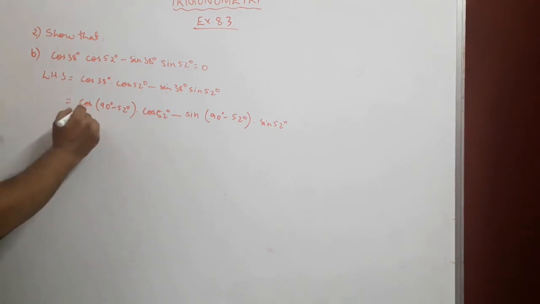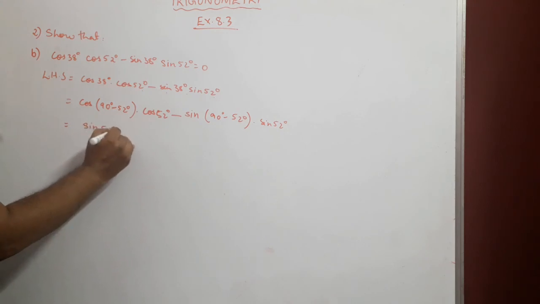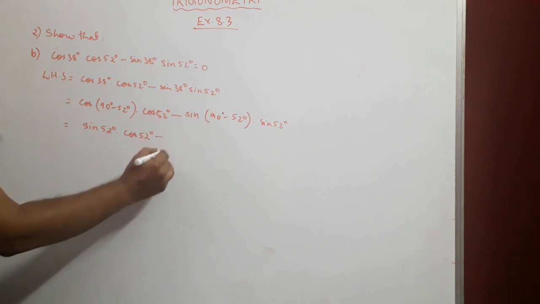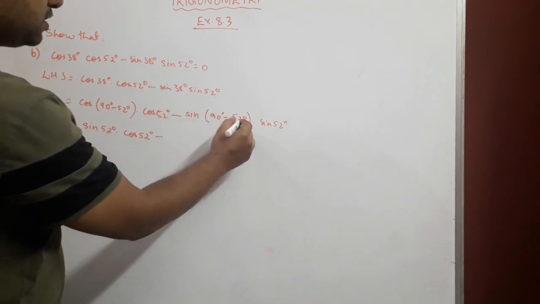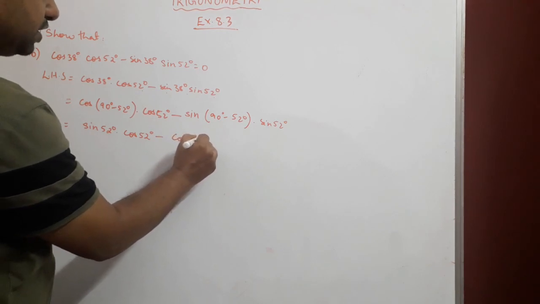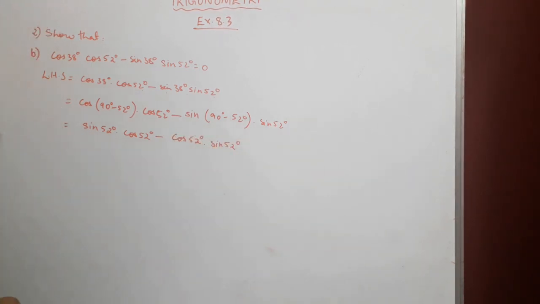So you have cos of 90 degrees minus 52 degrees can be written as complement of that is sine 52 degrees into cos 52 degrees minus sine of 90 degrees minus 52 degrees can be written as cos of 52 degrees into sine of 52 degrees.